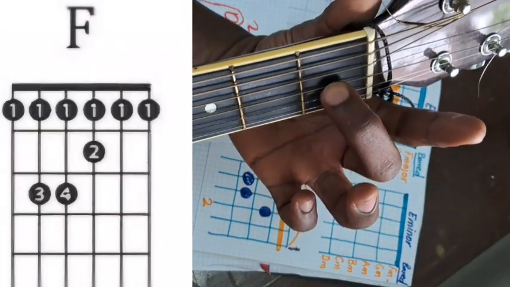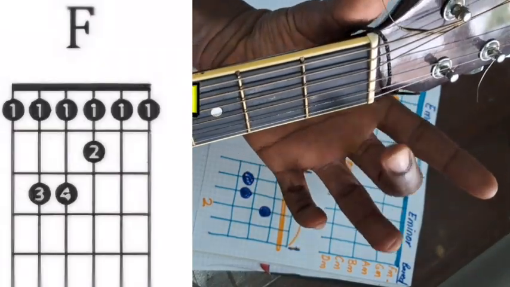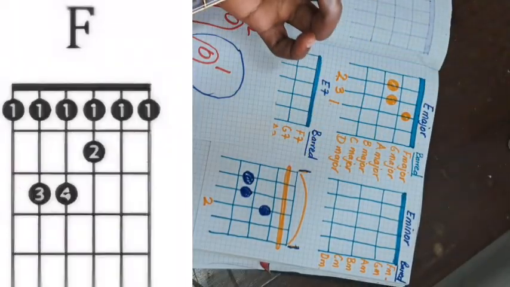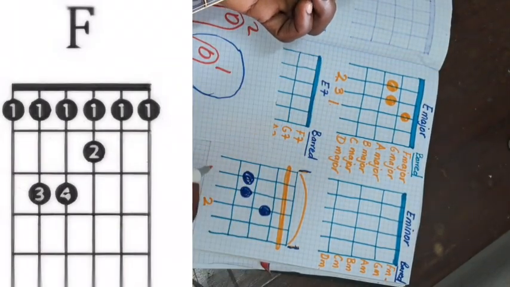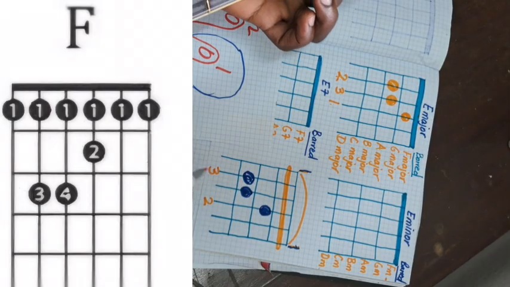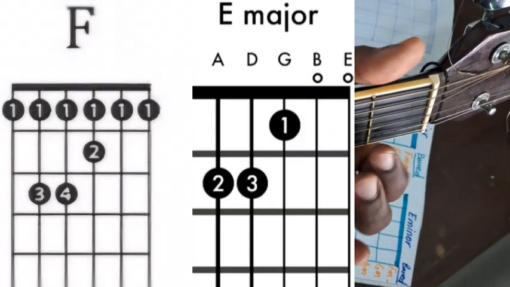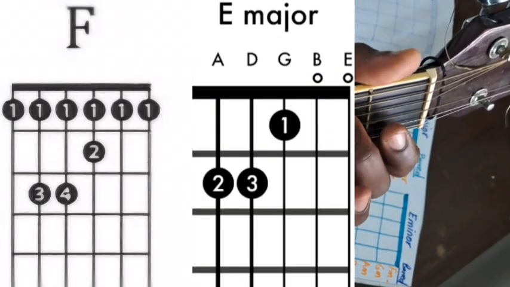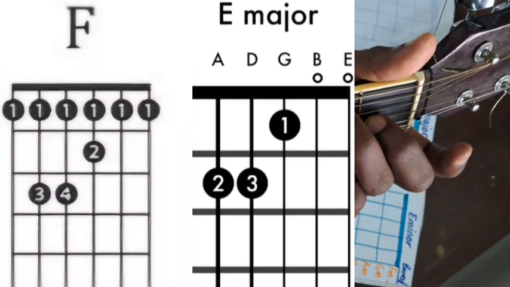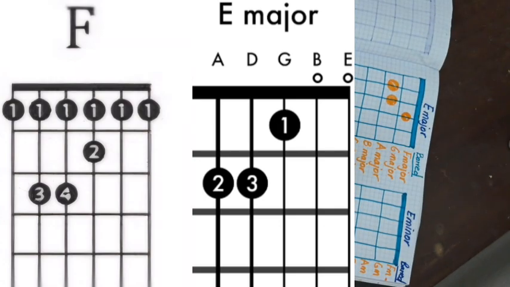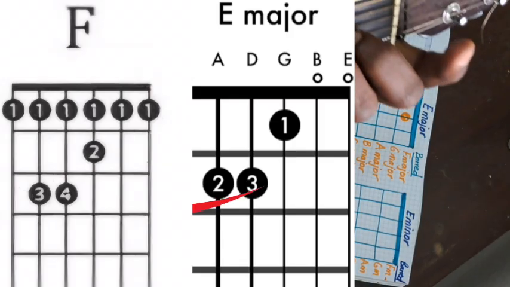So our 1 now becomes our 2. In place of the 2 that was here, we now have 3. And in place of the 3 that was here, we now have 4.